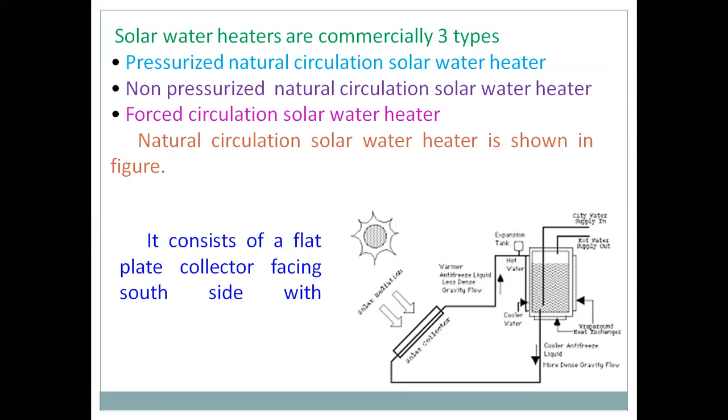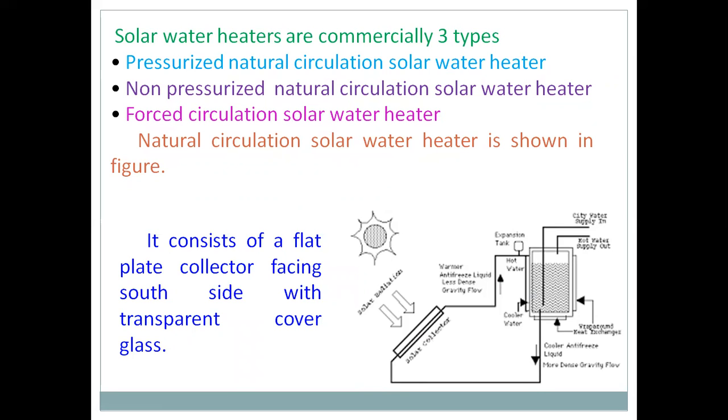It consists of a flat plate collector. This flat plate collector faces the south side with a transparent cover glass. Why is it facing towards the south side? Because if the flat plate collector faces the east side, only in the morning are the rays normally incident on the flat plate, and in the evening session the shade falls on the flat plate collector.